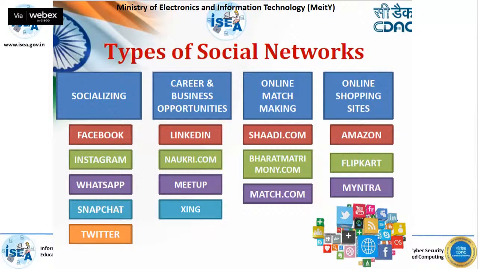There are also many matrimonial websites where people meet, talk, and decide whether to go ahead or stop there itself. And there are many online shopping sites where people who purchased give both positives and negatives, so we can decide whether to go ahead with purchasing. Such discussions, liking and disliking happen. These are the different varieties of social networking platforms.